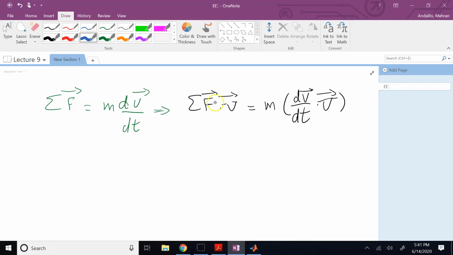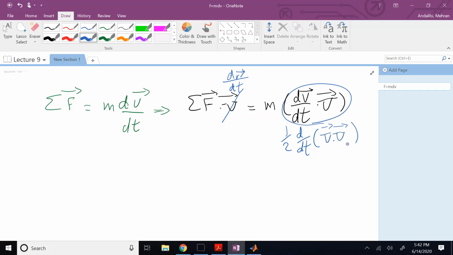Then for this v, we wrote it as dr over dt. This guy here, I can easily show you is 1/2 of d over dt of v dot v, because again, I have the commutative property, and this guy itself is just magnitude v squared.